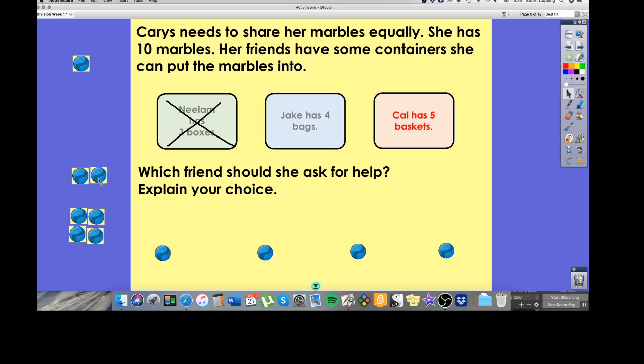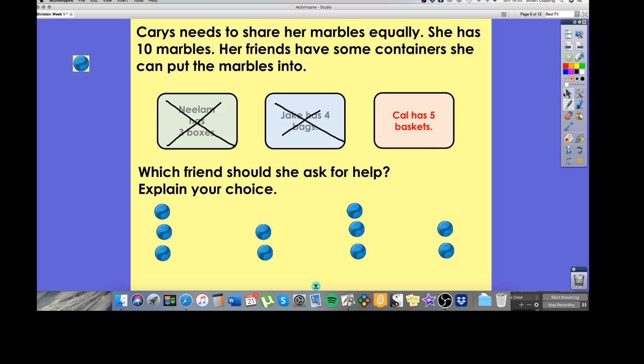And I'm going to keep going again, see if I can share them out equally. 1, 2, 3, 4. So I've got 2 in a group, 2 in a group, 2 in a group, 2 in a group, but I've got 2 left over. So no matter where I put these 2, the groups aren't equal. So therefore, Jake can't be right either.